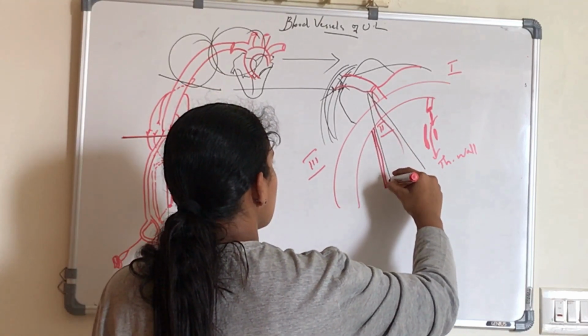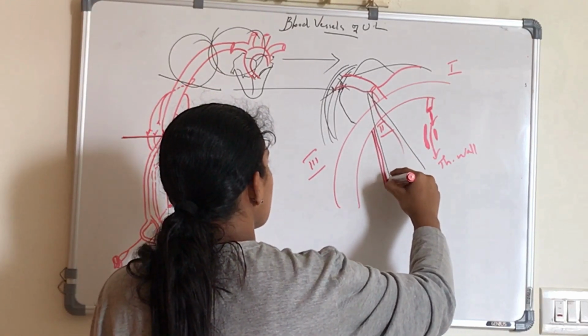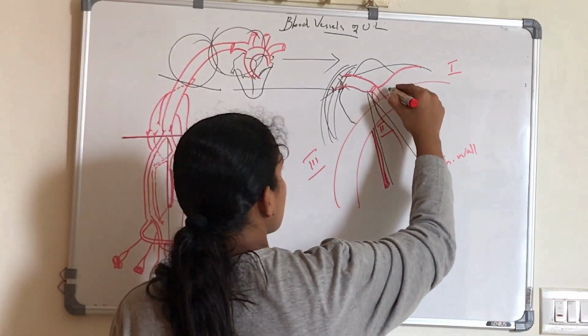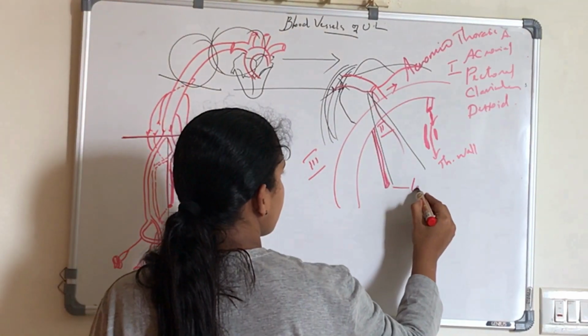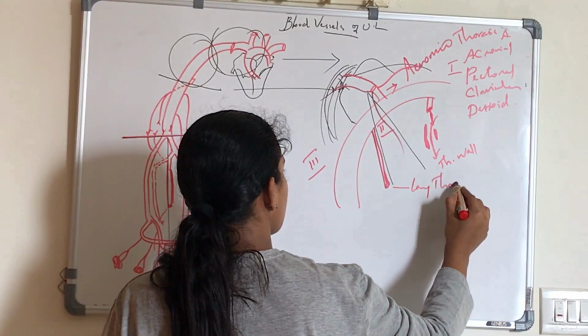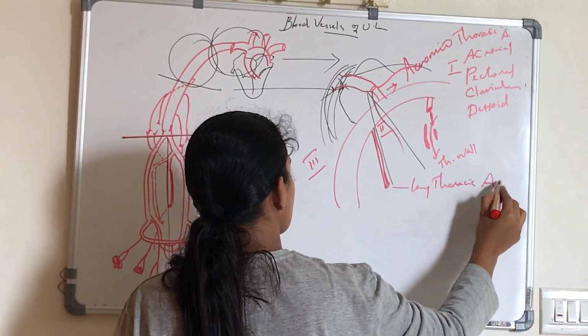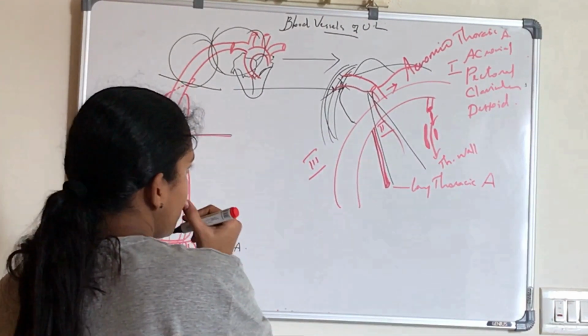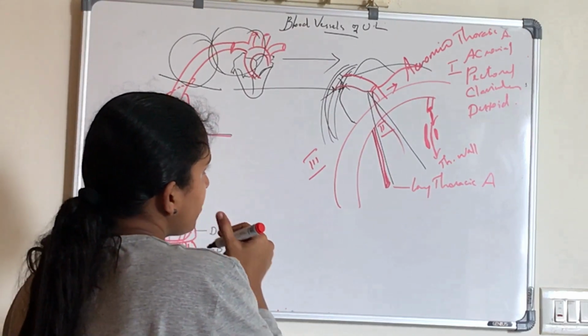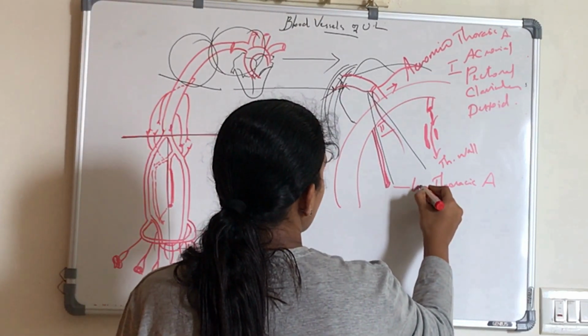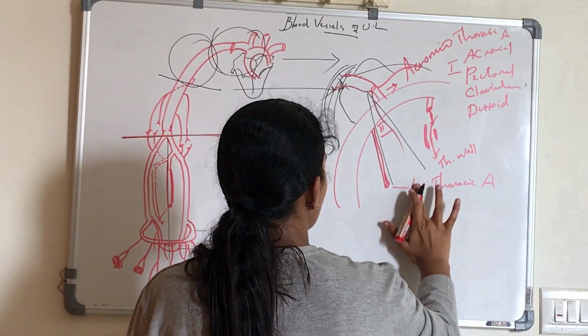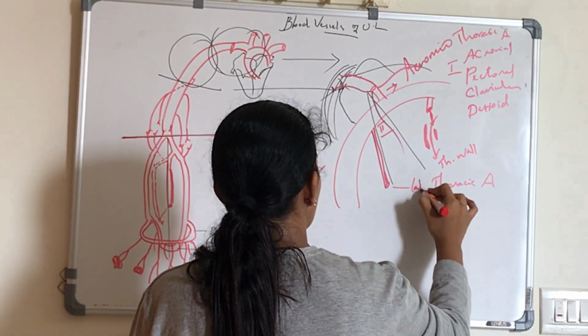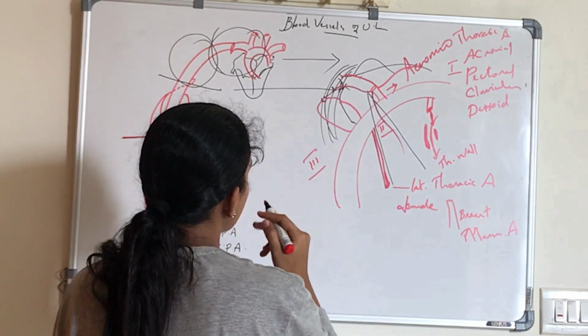Second part gives one more branch called lateral thoracic artery near the lower border of the muscle. This lateral thoracic artery is larger in females to supply the mammary gland.